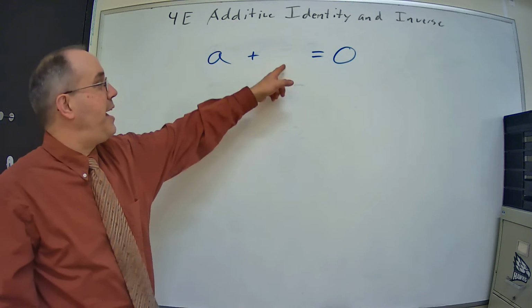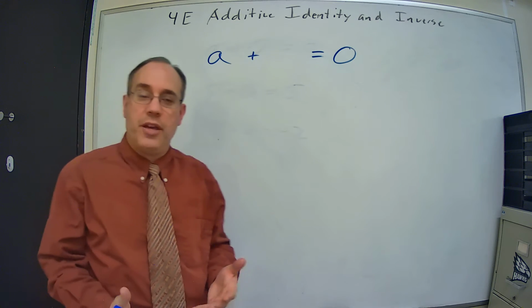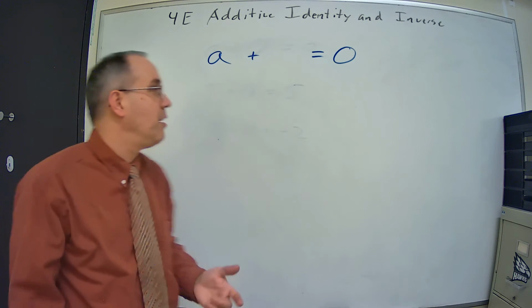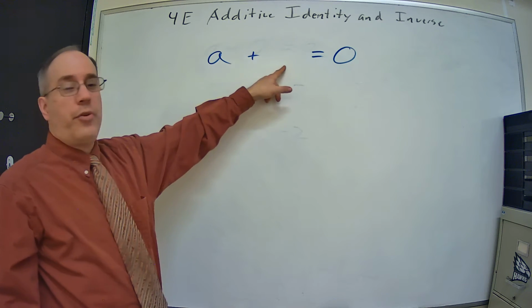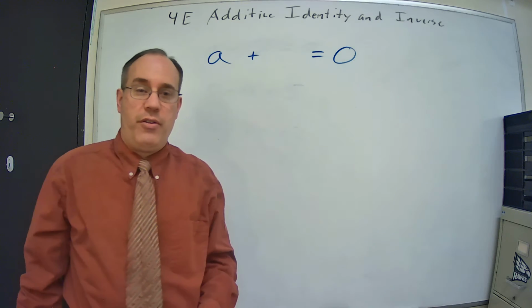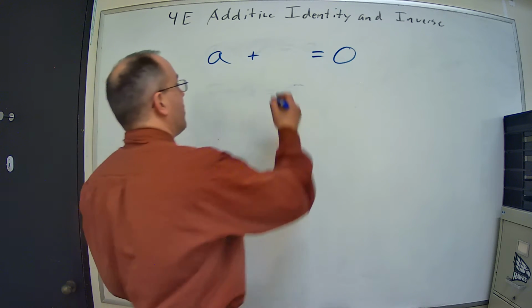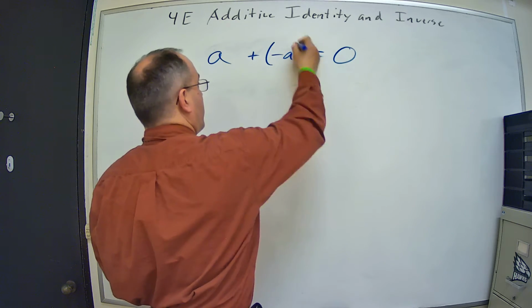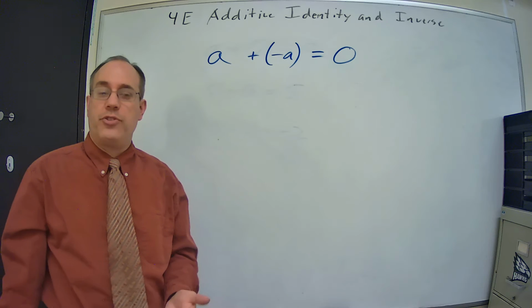Notice I didn't fill in that additive inverse. But it should be obvious to you that if I take a number, what number do I need to add to it to make it 0? I need to take the negation of it. So the additive inverse is the negative of the original number.